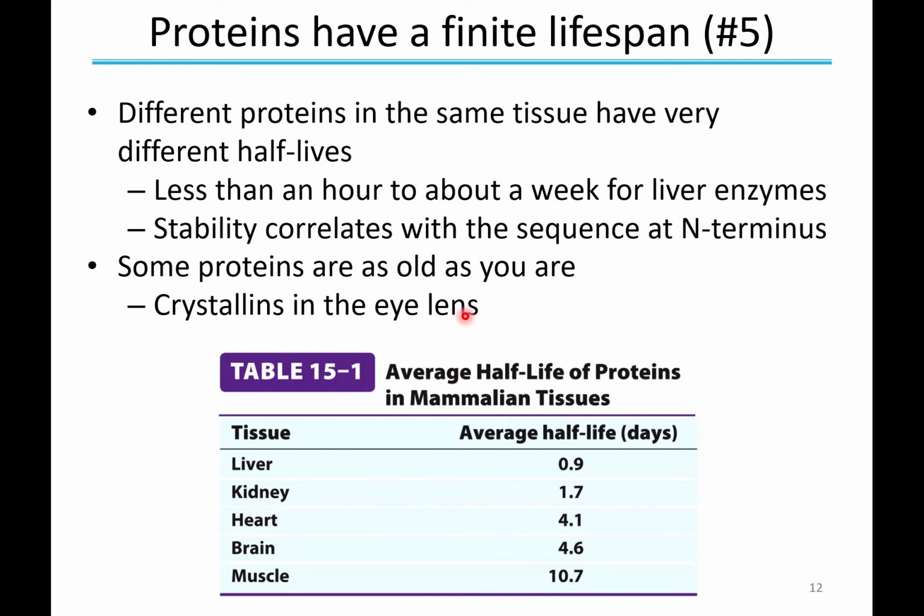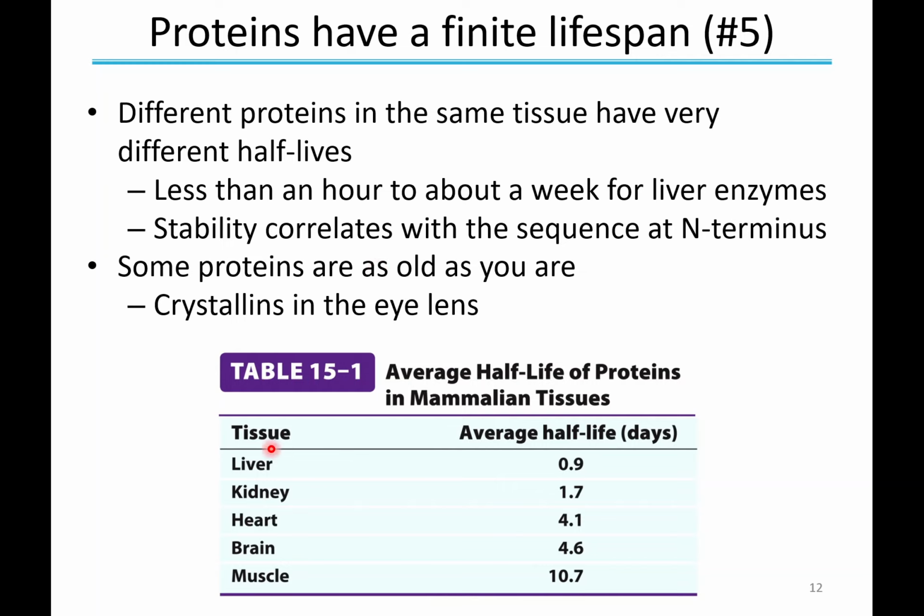Some proteins are basically as old as you are, and there are much fewer examples of those, but one is the crystallins in the lens of your eye. That's an example of a protein that's basically as old as you are. But by and large, most proteins have a much more finite lifespan, and they're much shorter lived.